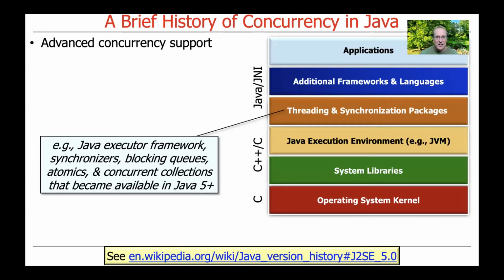In particular, they added the executor framework, which supported pools of threads, a whole slew of new synchronizers like semaphores and reentrant locks and reentrant read-write locks and condition objects, various kinds of blocking queues like array blocking queue and link blocking queue, atomics like atomic integer, atomic Boolean, atomic reference, and various concurrent collections like concurrent hash map. And these were all available in Java 5 and beyond.